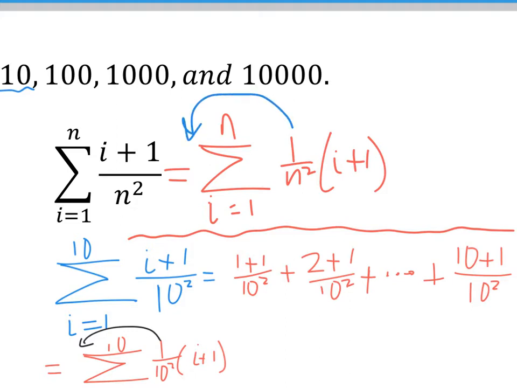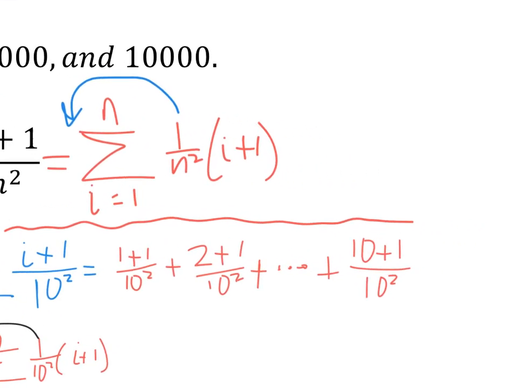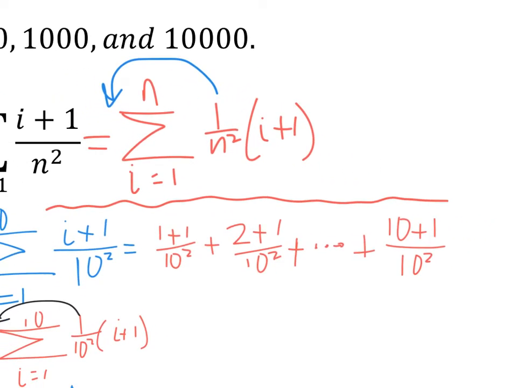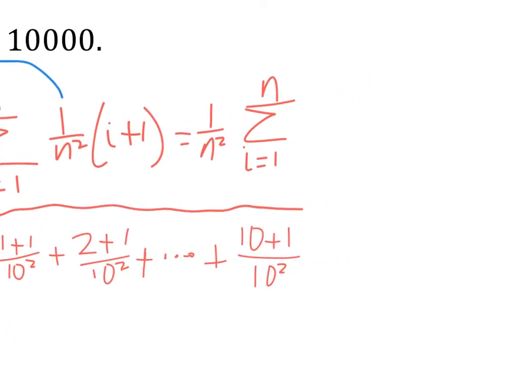Since it's constant, it's not changing. It doesn't have to live inside this summation. So we're going to pull that out. That was one of our properties up above that we saw. And so pulling that out, we get this 1 over n squared times the sum, as i goes from 1 to n, of the i plus 1.